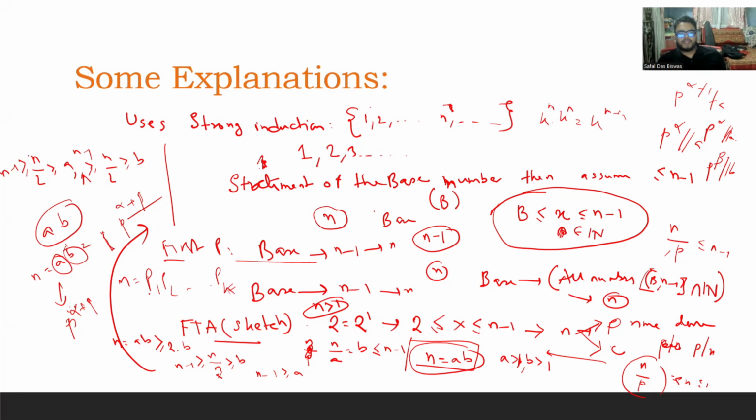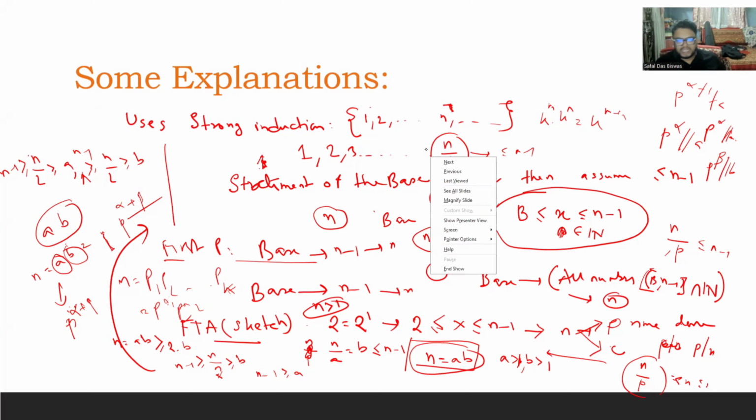This can be written as p to the power alpha 1, q to the power alpha 2, where p and q are primes. If you write it like this and then divide by a prime, you can see that the quotient is less than or equal to n minus 1, and you can repeat the strong induction. That's it. This can also be done, but I am using the definition of composite, nothing fancy.